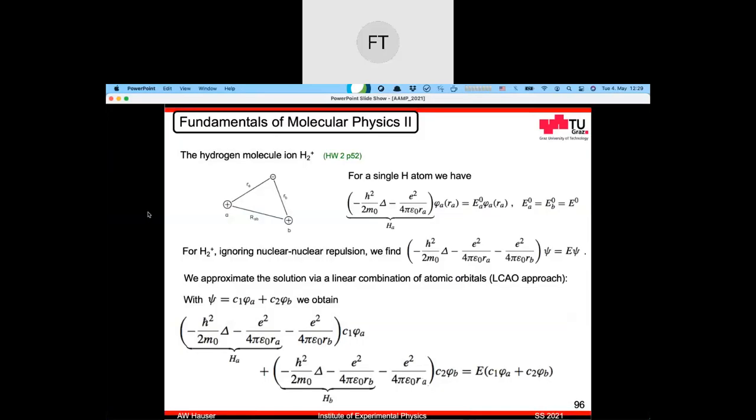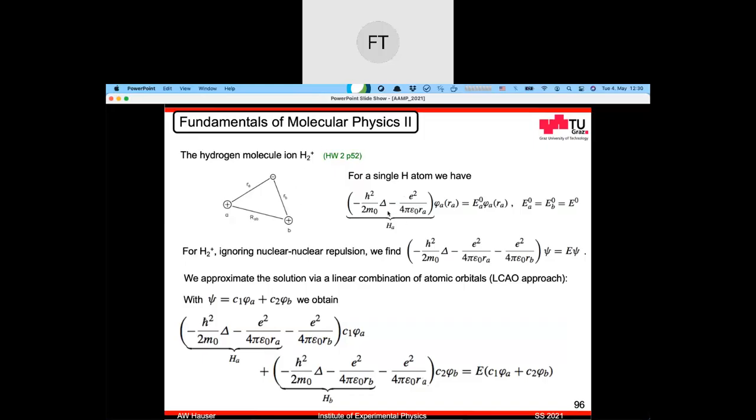Yes. Okay. So you can see the hydrogen molecule here. We have nucleus A and B, internuclear distance R_AB with R capitalized. And then we have in lower caps r_A and r_B, which is the distance of the electron to the proton A or proton B. Now, if you separate this problem and just look at a single electron in the field of a proton, we have a Schrödinger equation that looks like this.